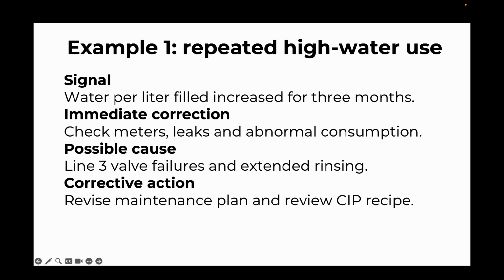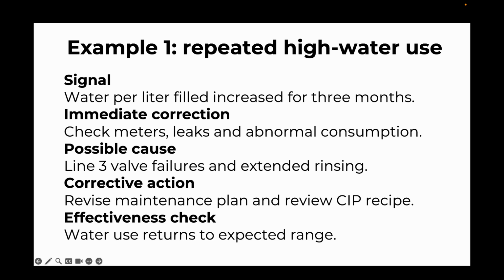The corrective action may be to revise the maintenance plan and review the cleaning in place recipe. But corrective action is not complete when the action is implemented. BlueRiver must review effectiveness. Did water use return to the expected range? Did valve failures decrease? Did extended rinsing stop? If not, the action was not effective.